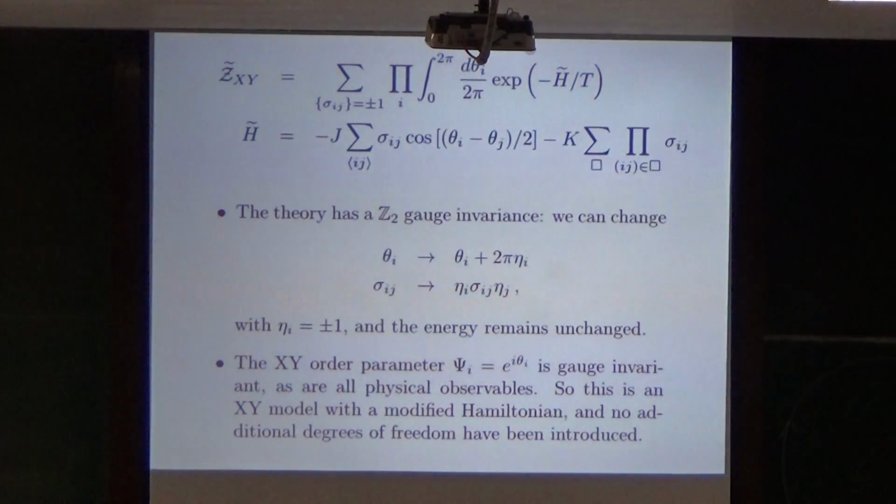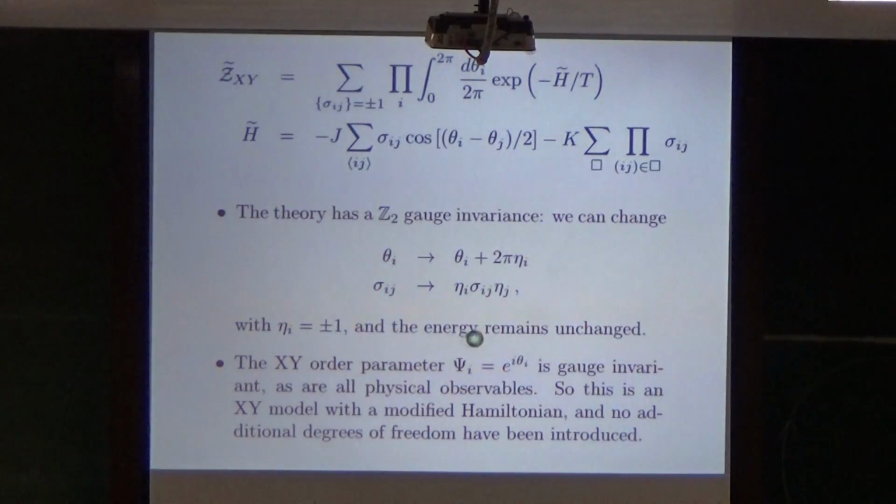You can have a Zn gauge invariance, and then you'll have n points and so on. All right, so this is a Z2 gauge theory. And for the experts, it's a Z2 gauge theory with a matter field, which is this one here. So if you are thinking of using Wilson loops to distinguish phases, forget it, because there's matter fields around.